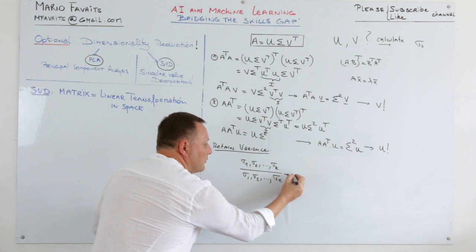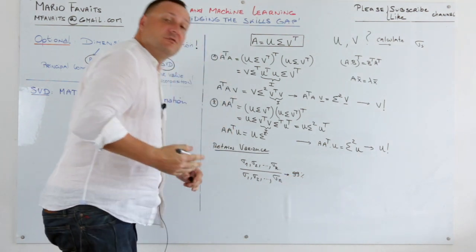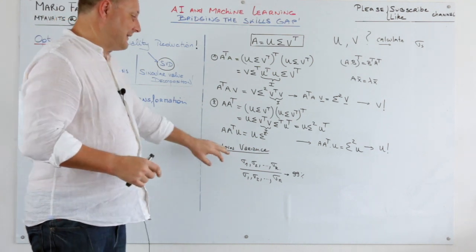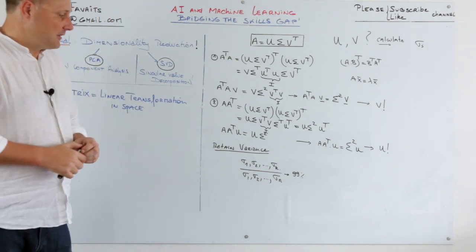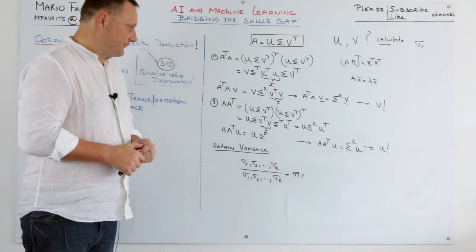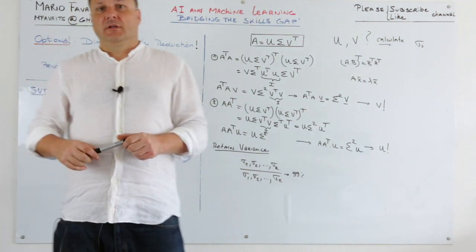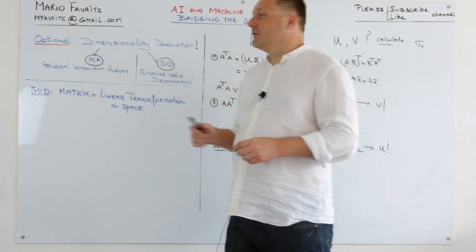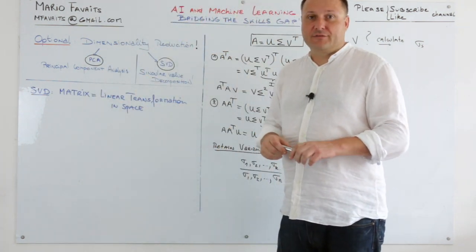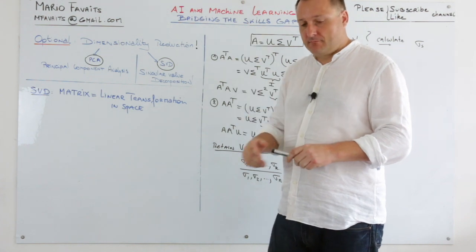And you want this to be 99%, for example, if you want to retain 99% of the value. Okay, that was it for the optional refresher on PCA and SVD. Thank you. See you next time.